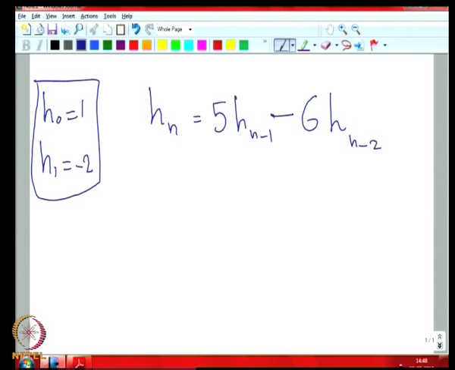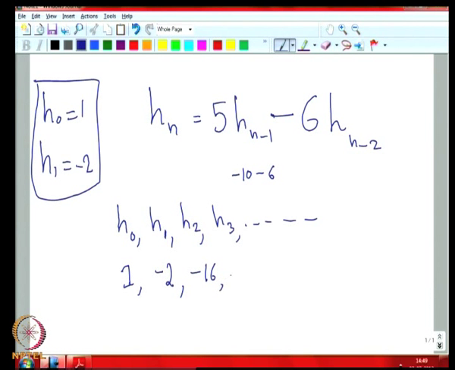Note that the sequence will be H0, H1, H2, H3 and so on. This is 1, this is minus 2, and what is H2? You substitute: 5 into minus 2, that is minus 10, minus 6 into 1, minus 10 minus 6, that is minus 16, and so on.